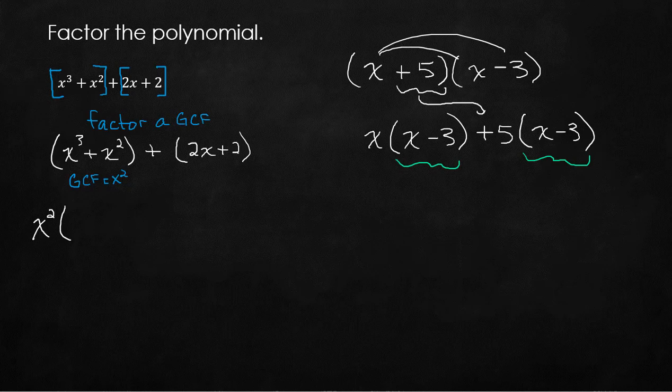So when you factor out x squared, x cubed divided by x squared is just x, and then x squared divided by x squared is just 1. And then in this set over here, we have a GCF of 2. All right, so I'm factoring out a 2 from this set. And when you divide this by 2, and you divide here by 2, you're left with x plus 1.